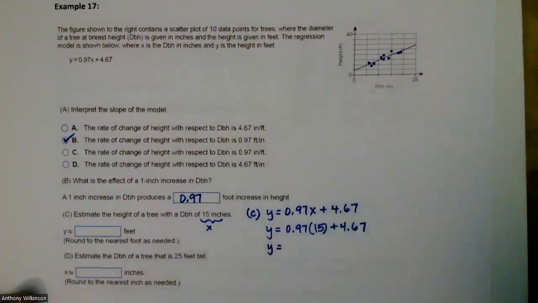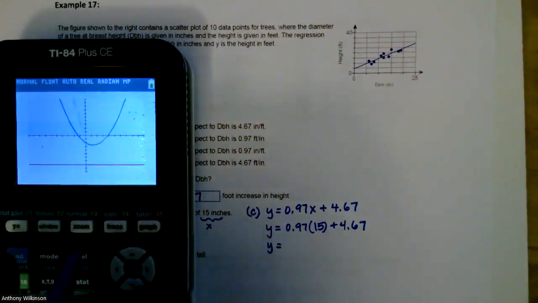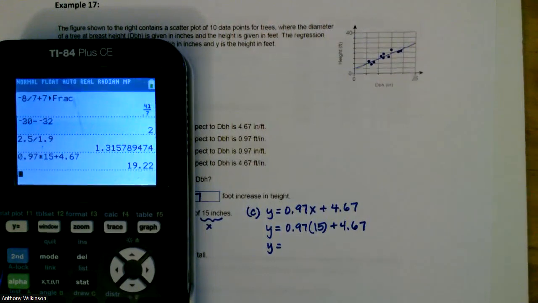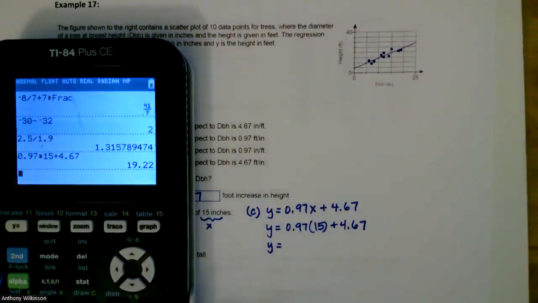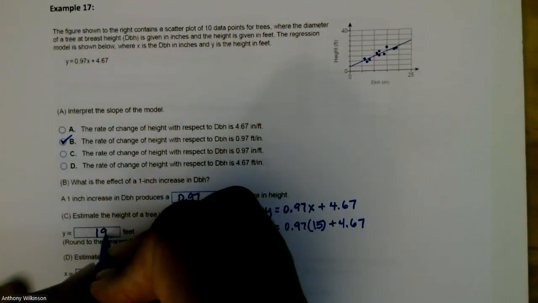So that means y is equal to, using our calculator, do second quit, 0.97 times 15 plus 4.67 would give us 19.22. And I think they want this to the nearest foot or to the nearest whole number, so just be 19. So y is approximately 19 feet.